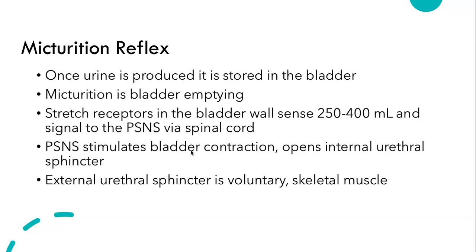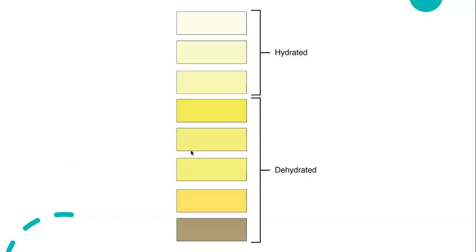It's literally time to go. The parasympathetic nervous system stimulates bladder contraction. It'll open up the internal urethral sphincter. You'll feel the urge to urinate, and then you voluntarily control the external urethral sphincter, which is skeletal muscle.